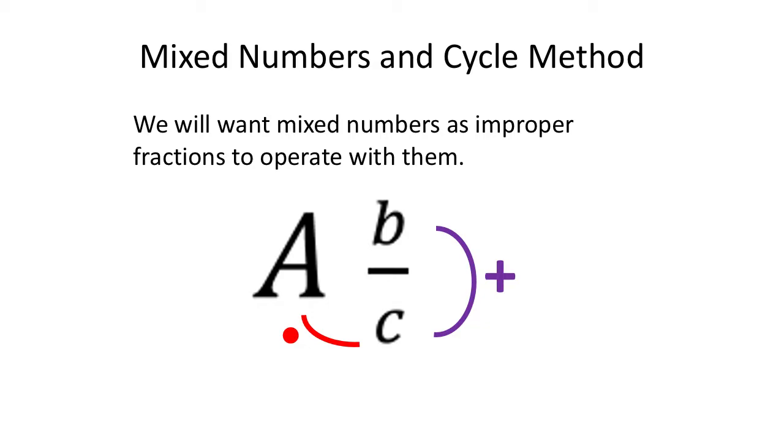Okay, so this is a cycle method that we're looking at. You take the whole number of the mixed number, multiply it by the denominator, and then add that product to the numerator, and that gives you a new numerator. Remember, though, that whatever you get, the denominator will stay the same. So you'll do a times c, figure out that product, add b, and that will be your new numerator.